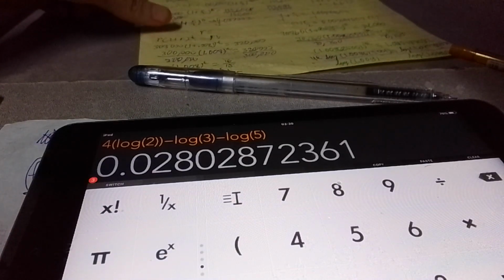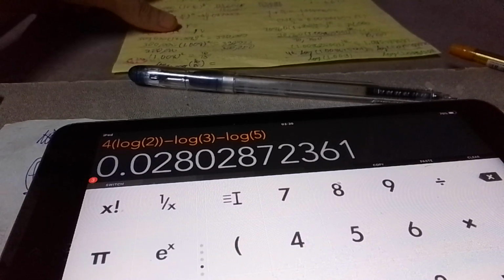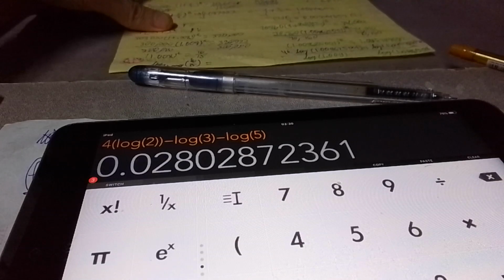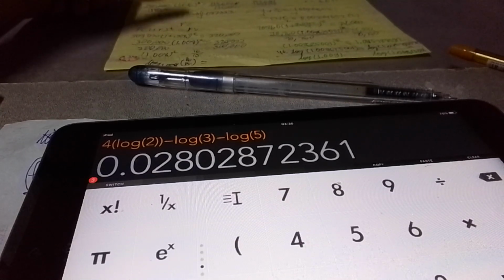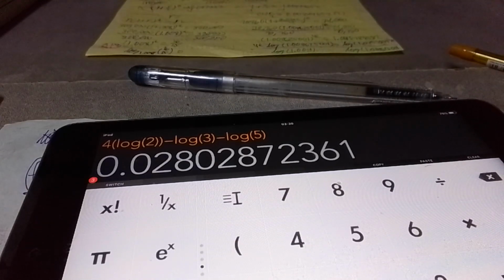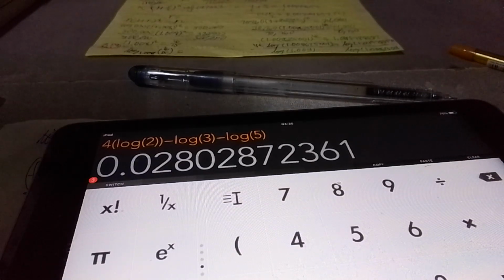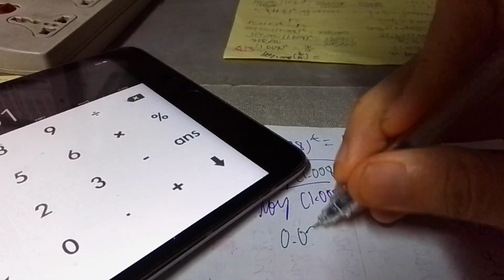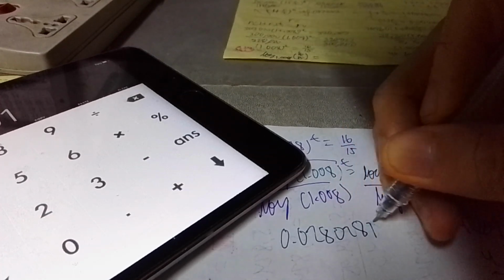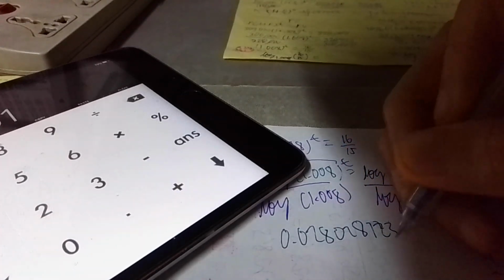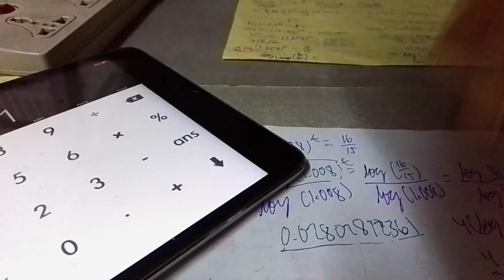Did we get that answer? Let me check my solution sheet to be sure. So that's in the numerator. On the numerator we should have 0.02802802872361. That is our numerator.